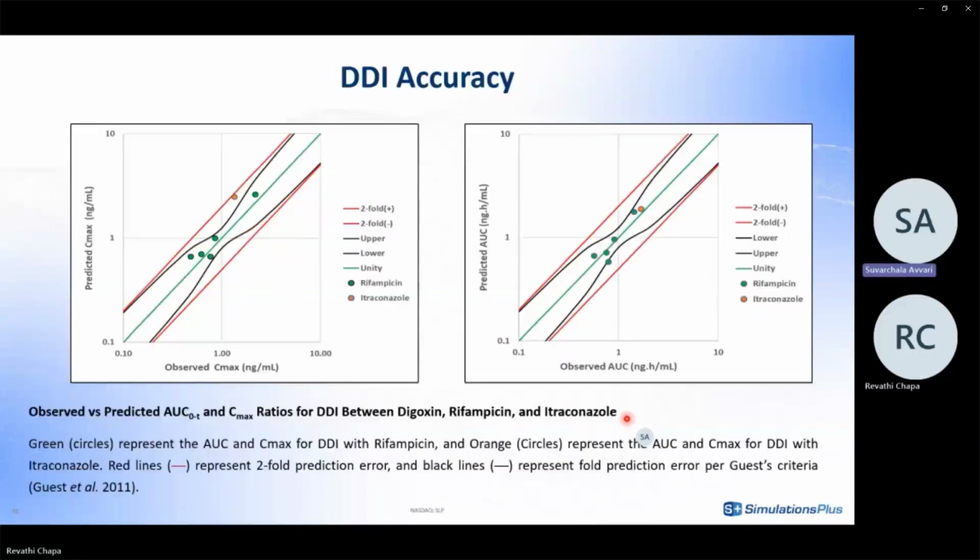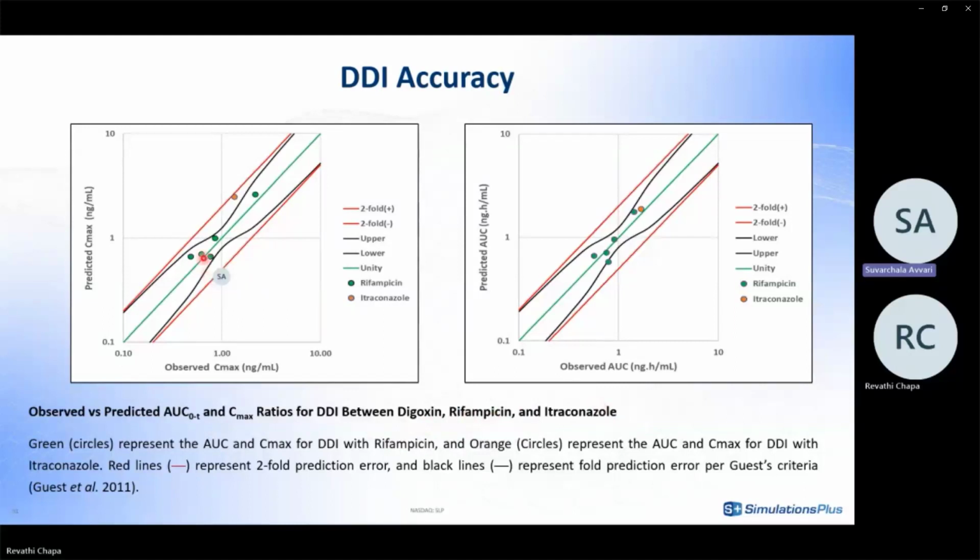So with that confidence in the model, the next step was to look at the prediction accuracy for the DDIs, and we looked at the interaction potential or the magnitude of the DDI change when digoxin is co-administered with the PGP inducer and inhibitor rifampicin and the PGP inhibitor itraconazole.